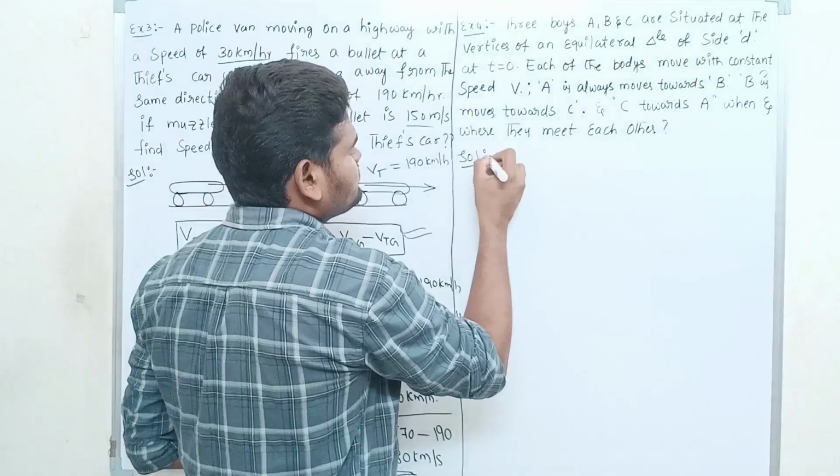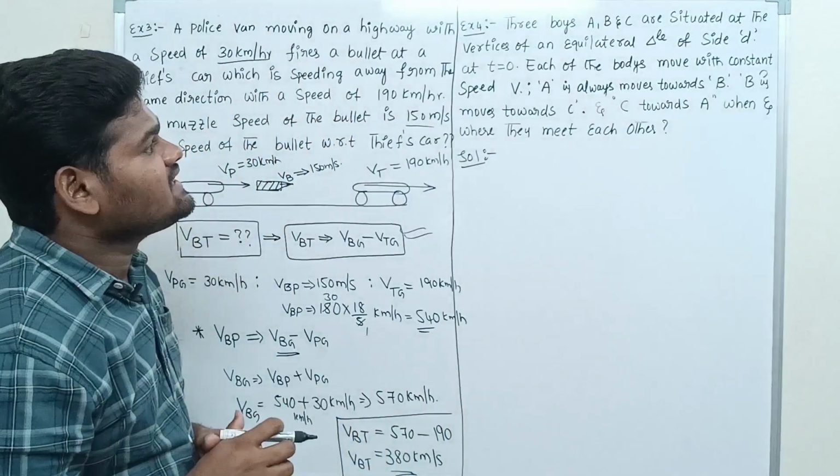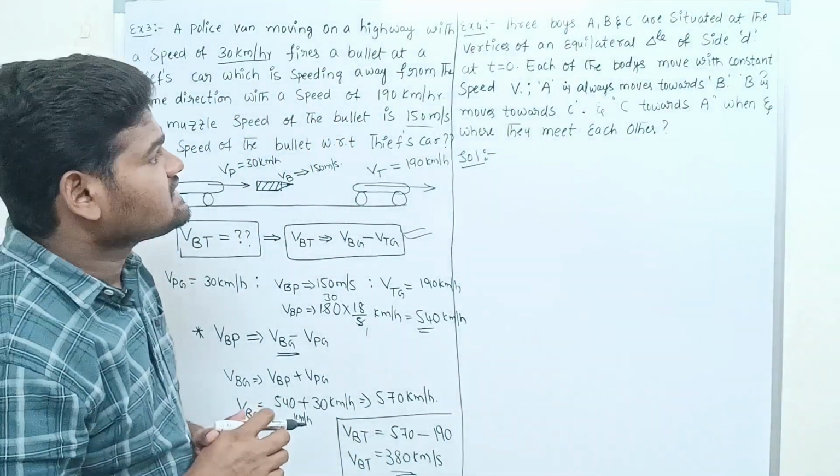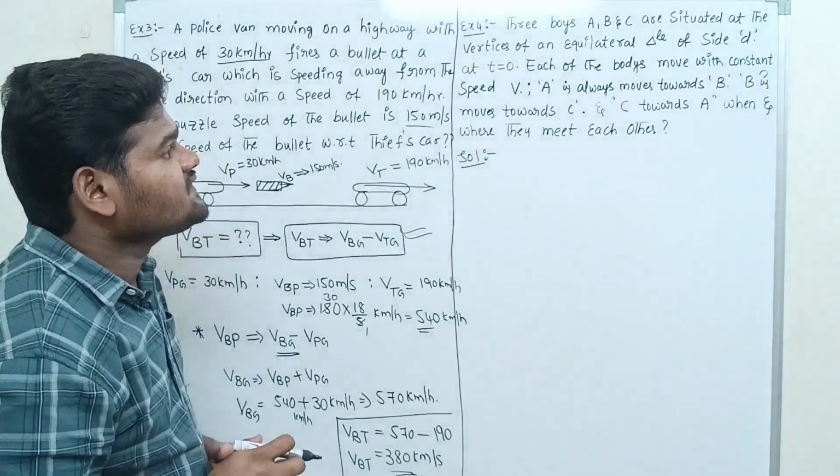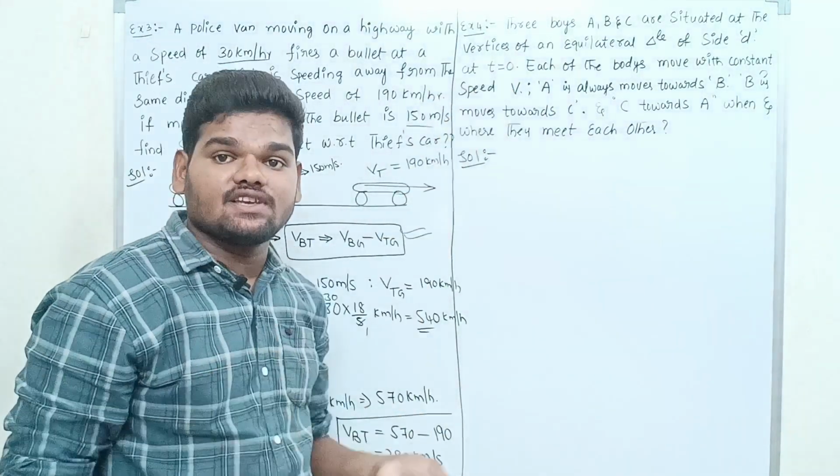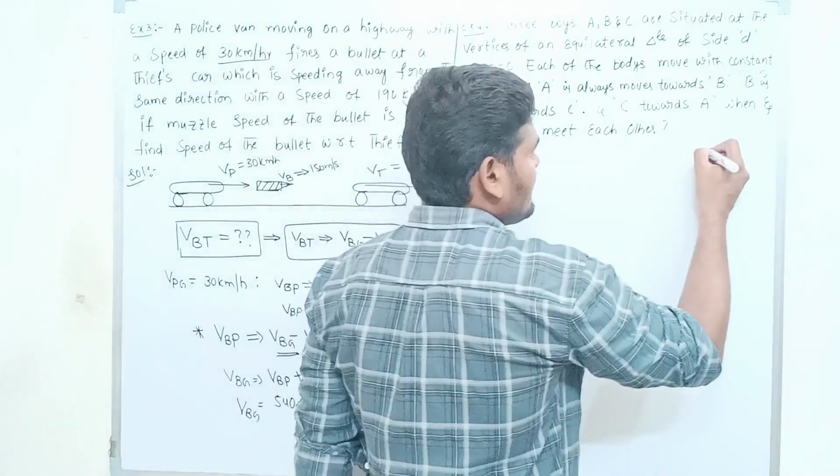Solution. Have a look. Three boys A, B, C are situated at the vertices of an equilateral triangle of side D at time t equals 0. Okay, so there is an equilateral triangle.